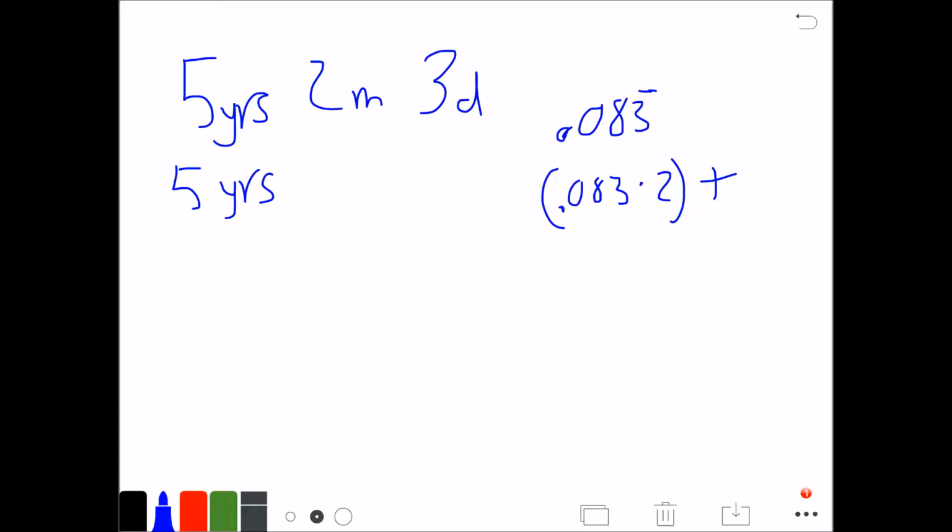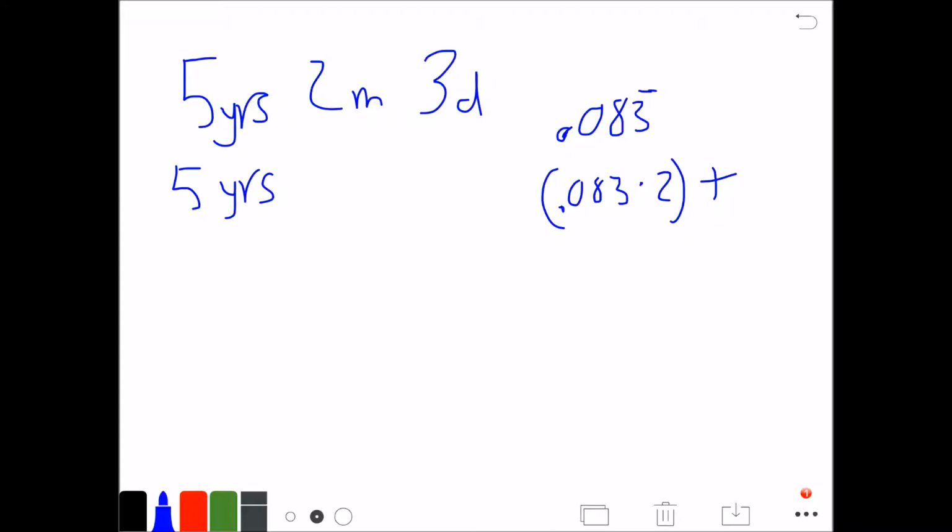So that means I'm assuming there's 360 days a year instead of exact, which is 365. So the calculations are a lot easier because that means there's 30 days in the month for all 12 months. So I'm assuming that 3 over 30 is 0.1, and that's 0.1 of a month. So I take 0.1 and I multiply it by 0.083 repeating.